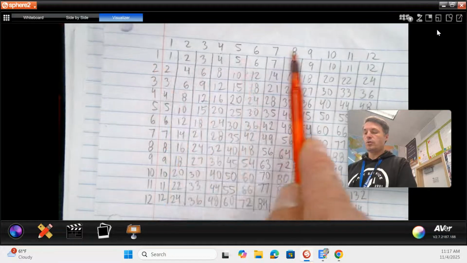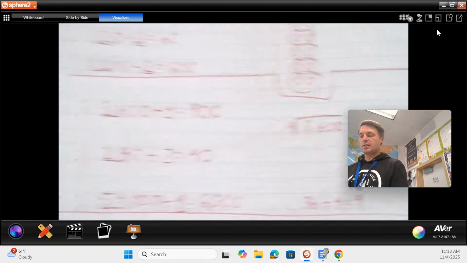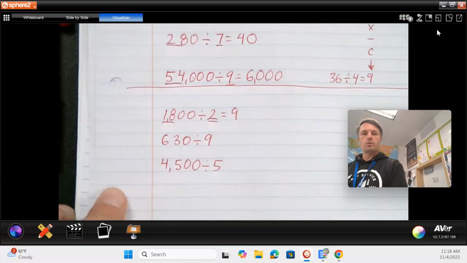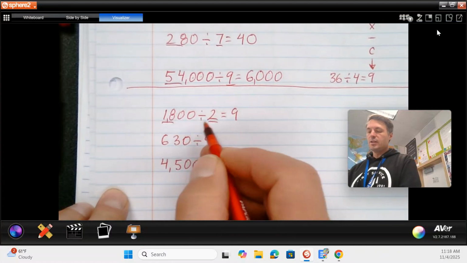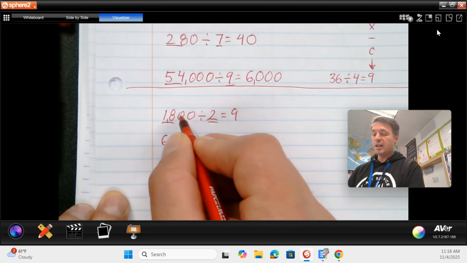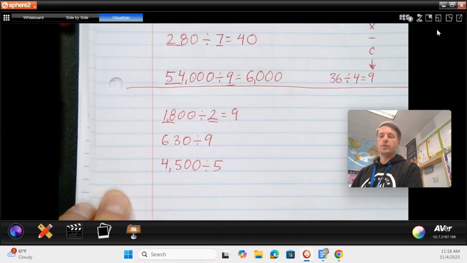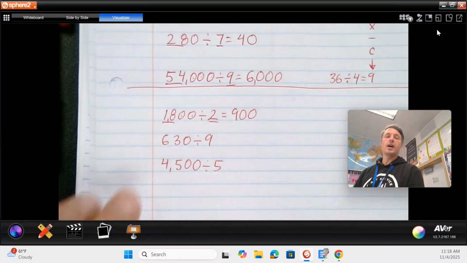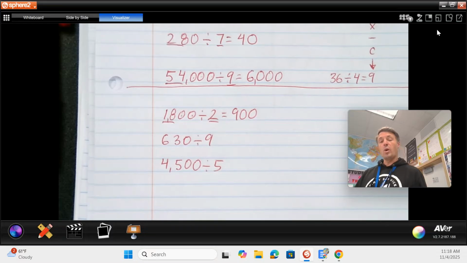Hopefully that makes sense. Okay, we were right here. 18 divided by 2 is 9, but 1,800 divided by 2 isn't 9, because we have to take these 2 zeros from the dividend and drop them to the right of the 9 in the quotient. So 1,800 divided by 2 is 900.